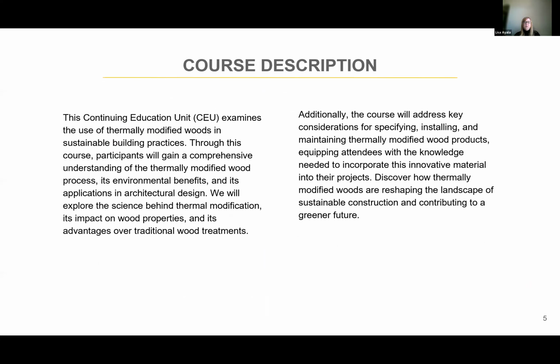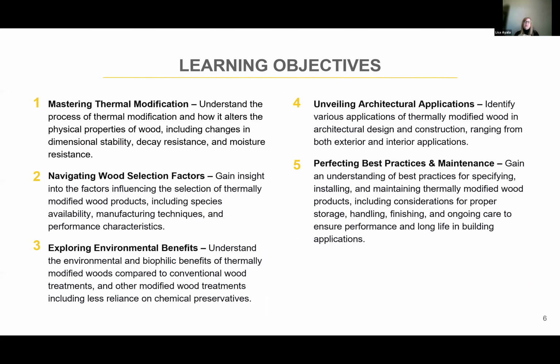So what we're really going to do, I'll go through the learning objectives, because the course description is really all about thermally modified wood, getting a basis on it: the history, where did it start, where has it been, where is it going? So we'll go through past, present, future information.